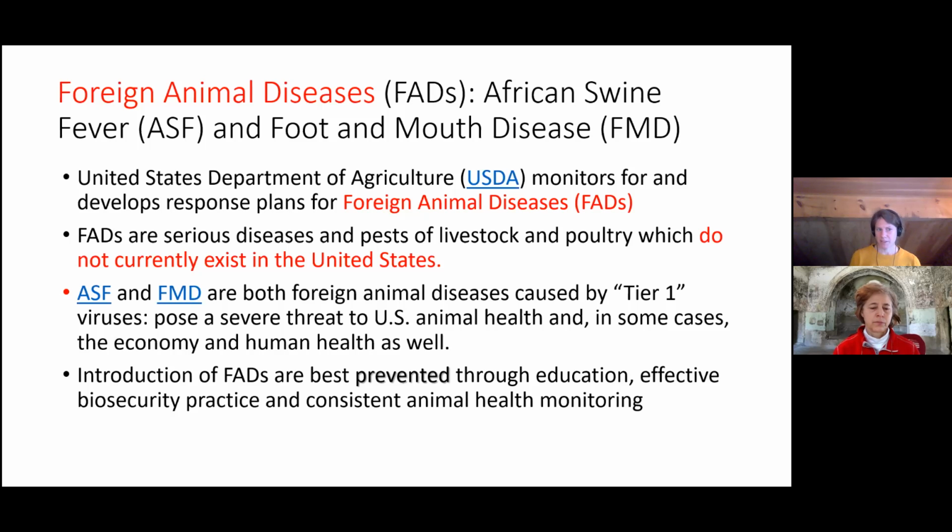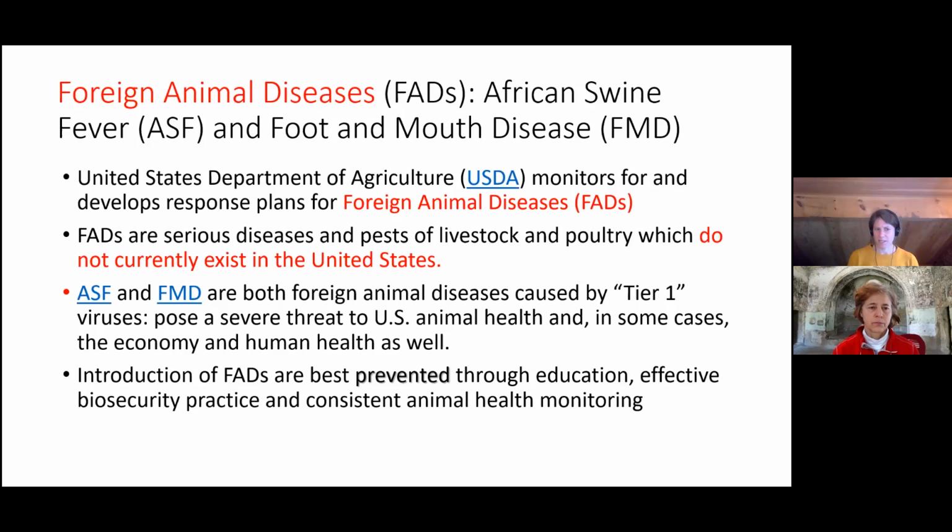So foot and mouth disease, or FMD, and African swine fever, or ASF, are both foreign animal diseases, and these are classified as Tier 1 viruses. So this means that as Tier 1 viruses, both of these pose a severe threat to US animal health, and in some cases, the economy and human health as well.